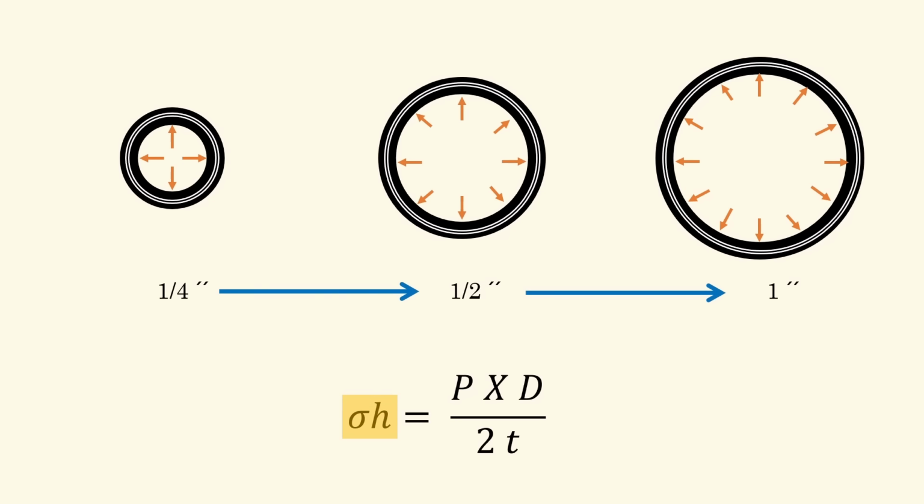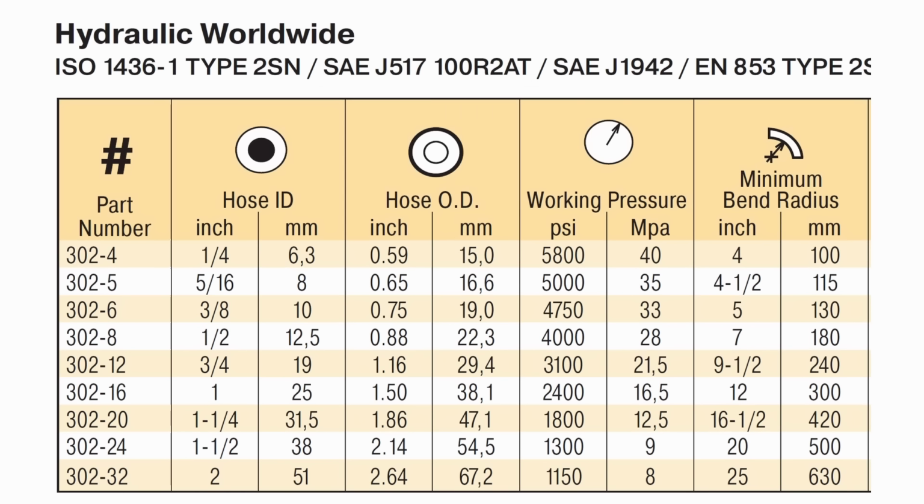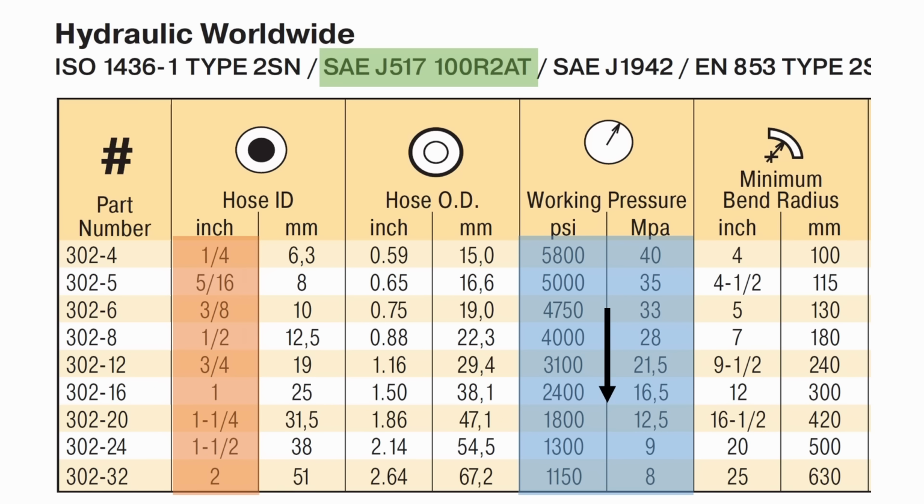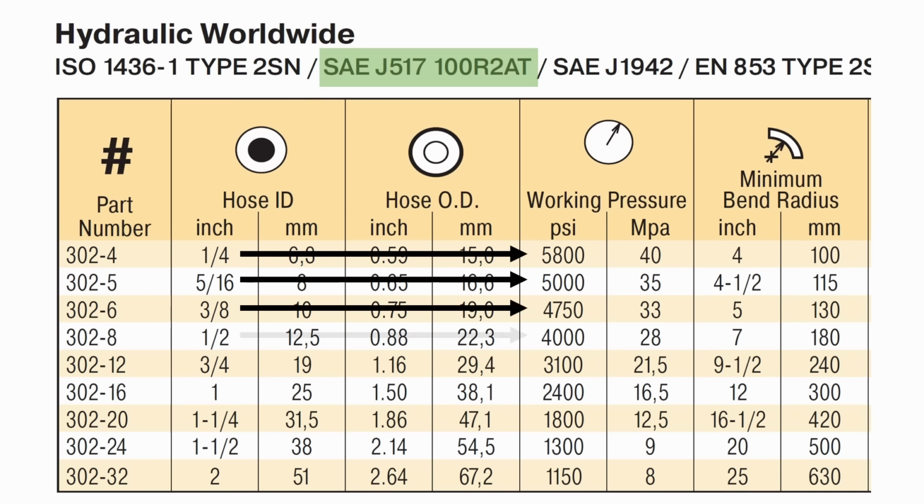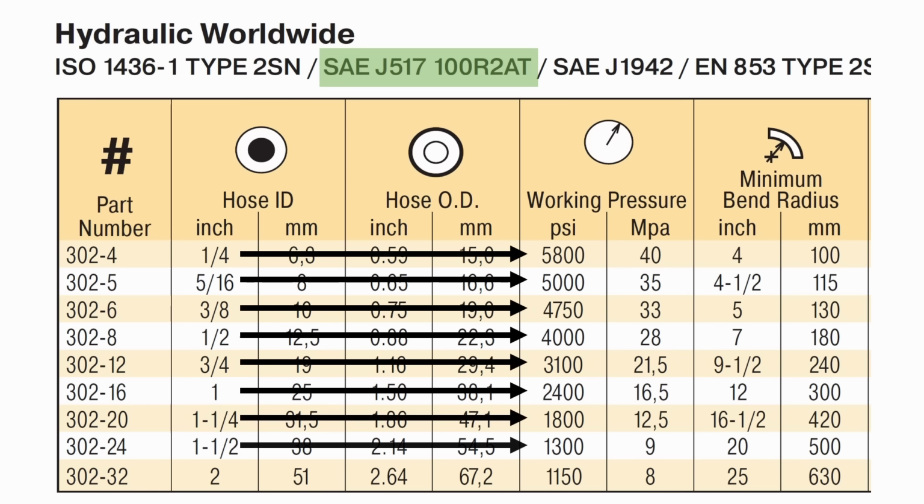So to keep the hoop stress within safe limits, the allowable internal pressure must be reduced as the hose size increases. This is why within the same SAE hose series, with the same reinforcement, the pressure rating decreases as the hose size increases. Because of this, the SAE standard assigns pressure limits separately for each size of every hose series, and the hose manufacturer must meet or exceed the defined working pressure rating.